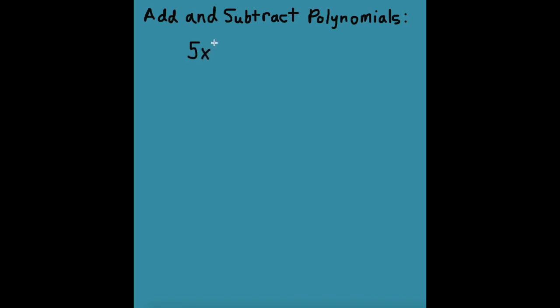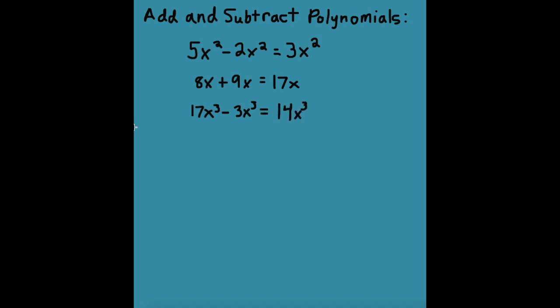If we have 5x squared minus 2x squared, that equals 3x squared. If we have 8x plus 9x, that equals 17x. If we have 17x cubed minus 3x cubed, we get 14x cubed.